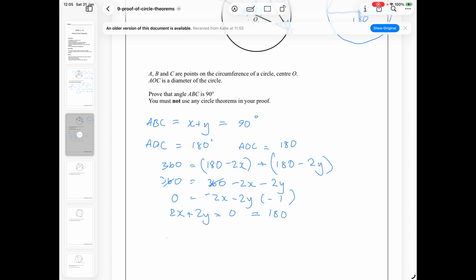And we know that ABC equals x plus y, so therefore 2x plus 2y equals 180. And if we divide by 2 on both sides, we get x plus y equals 90. And that's how you do that. They are, I think, the same proof, but I'm not sure I should have been so relaxed about the fact that they were the same proof.